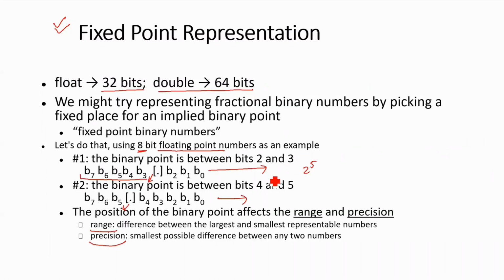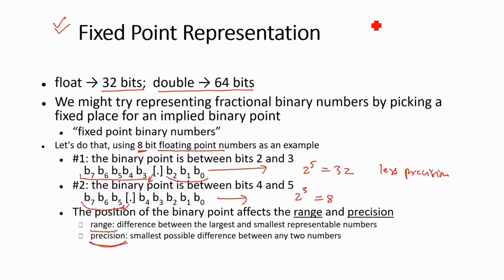Similarly, if only 3 bits are there, it will represent 2 to the power 3 only, so up to 8. This is up to 32. So the range here is going to change with respect to the binary point. Similarly, in case of precision, if after the binary point we have only 3 bits, it will have less precision.